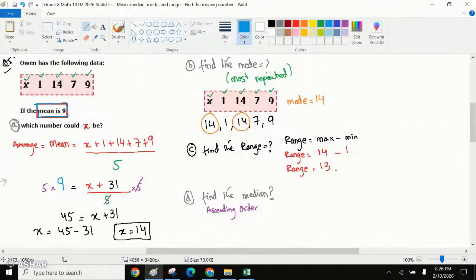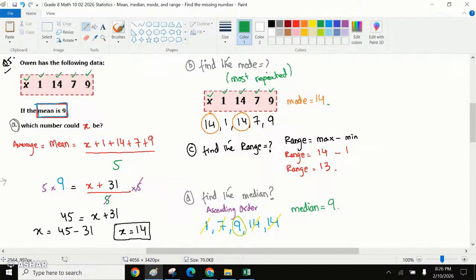The smallest would be 1. Then we had 7. Then 9. And we had 14 twice, because this was the mode as well, right? We cancel out the numbers, and whatever would be left in the middle, the median for this particular question, would come out to be 9.